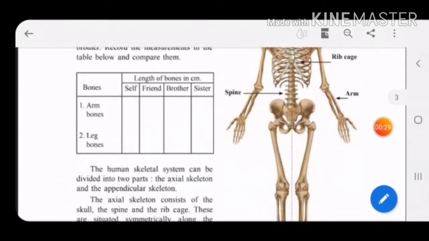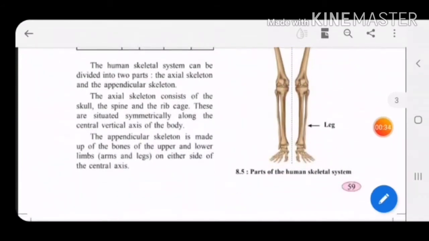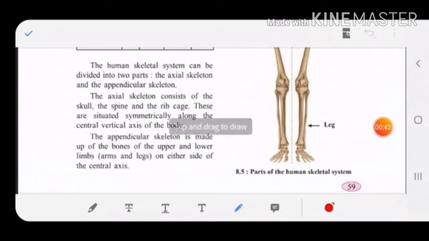So the human skeletal system can be divided, see here children, into two parts. The first one is the axial skeleton and the second one is the appendicular skeleton. These are important points, please remember them. And what comes under the axial skeleton?